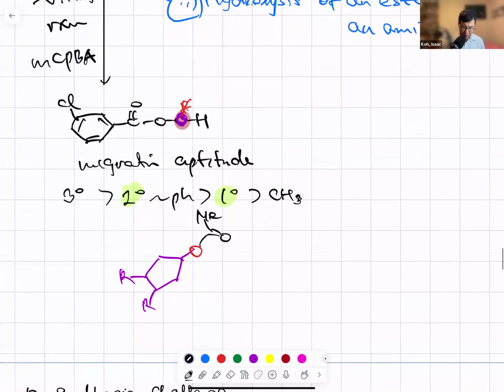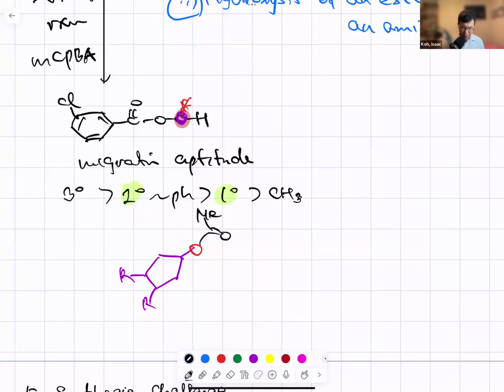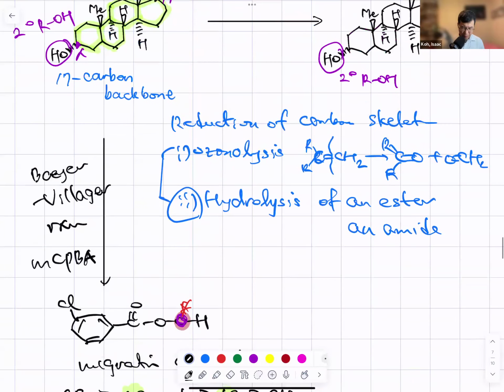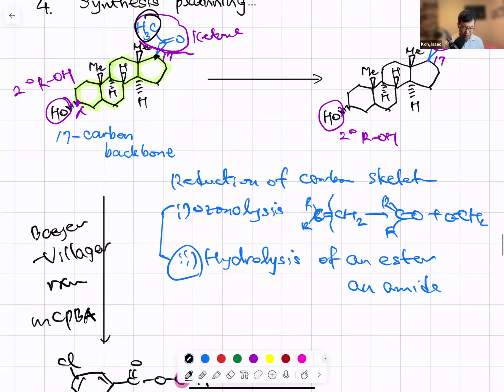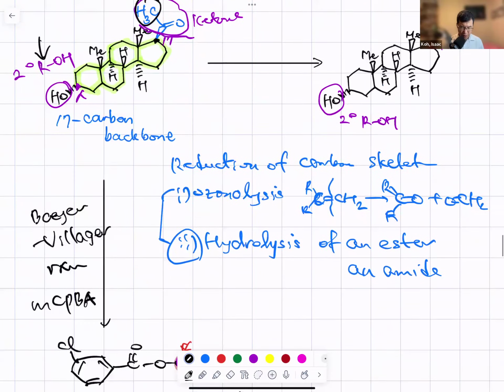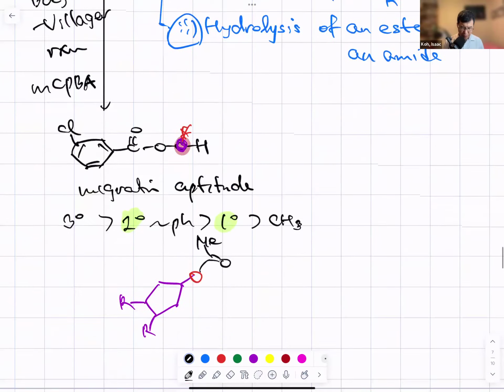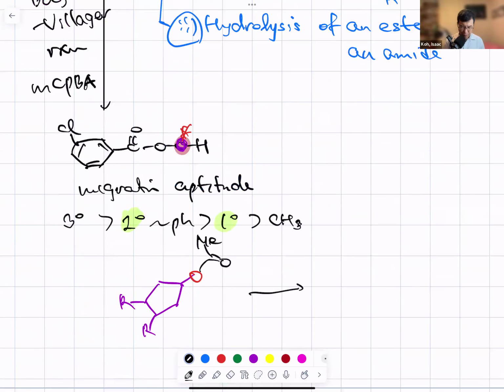Here let's use hydrolysis. And because we have a secondary hydroxyl group right there, we cannot use acidic condition. Acidic hydrolysis will be making the secondary alcohol into an alkene.